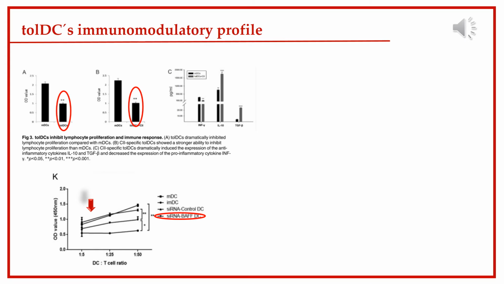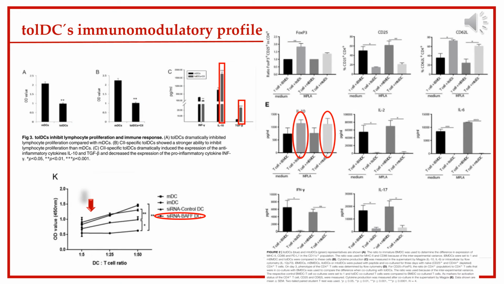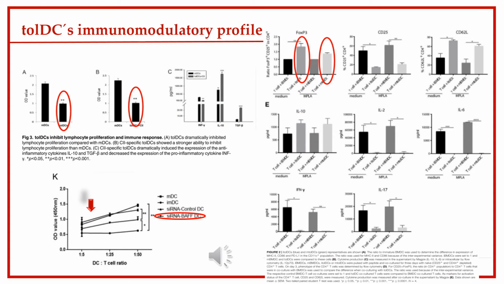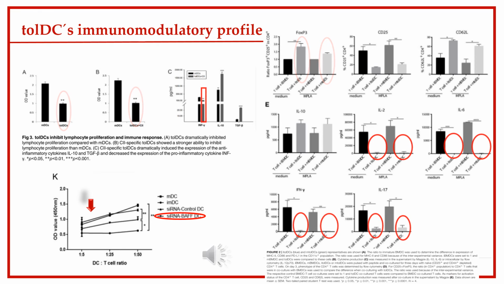In all results, we can observe a decrease in lymphocyte proliferation, as well as an increase in the production of anti-inflammatory cytokines, including increased expression of FOXP3, which is a marker of Treg cells, and a decreased inflammatory response.